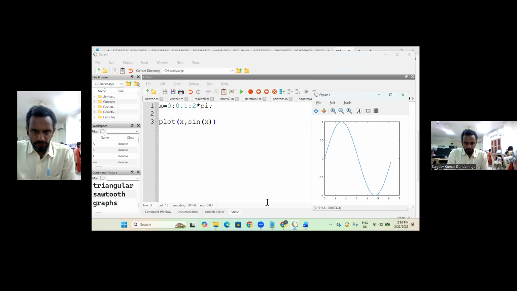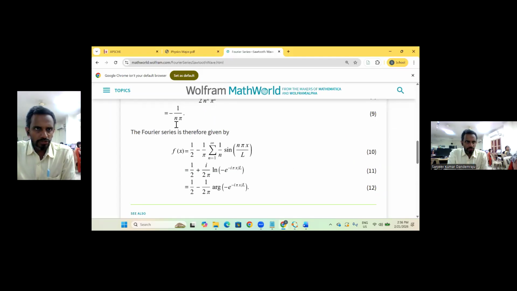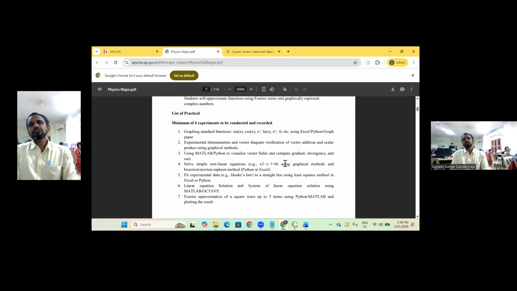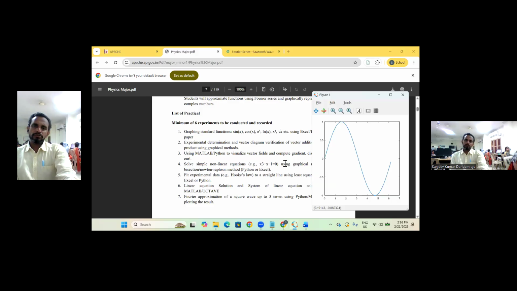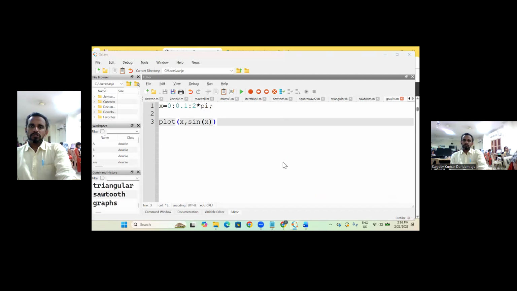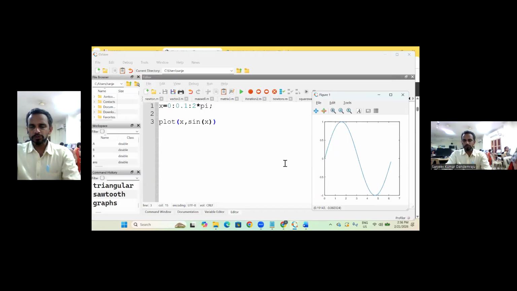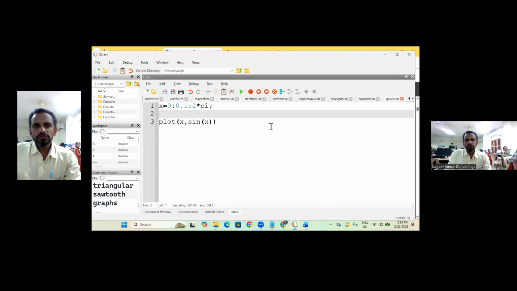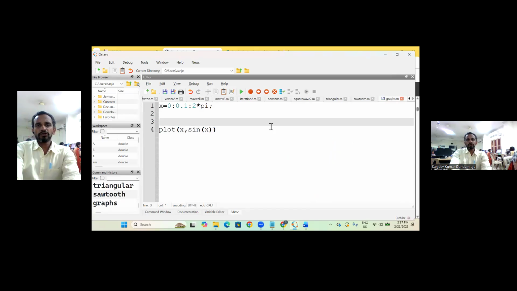So in our syllabus, we are asked to plot 6 functions: sin x, cos x, e power x, log x, x square, and square root x. So you try to plot all the 6 in one plot. For that, we have to use the subplot option. I'm starting with x equal to 0 to 2 pi in steps of 0.1.